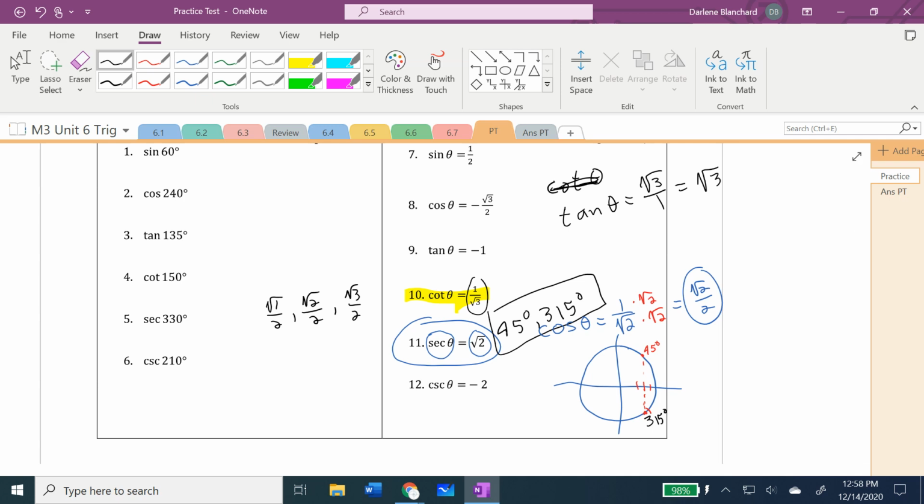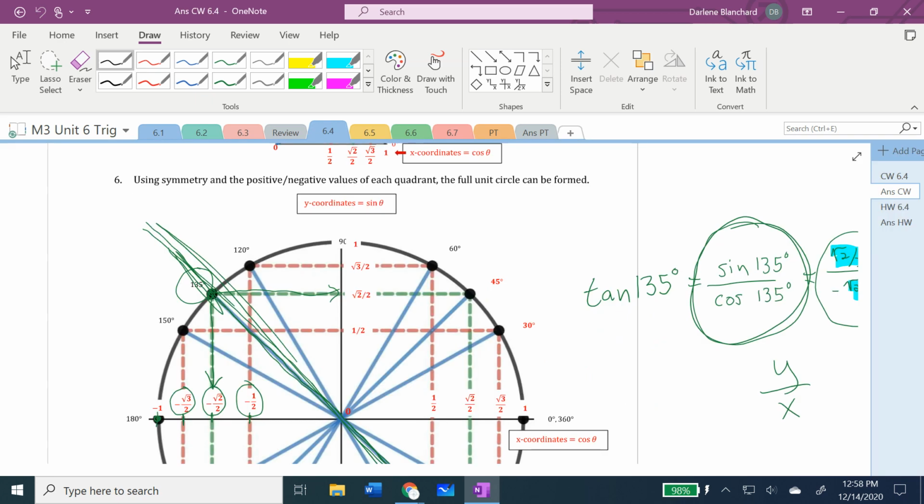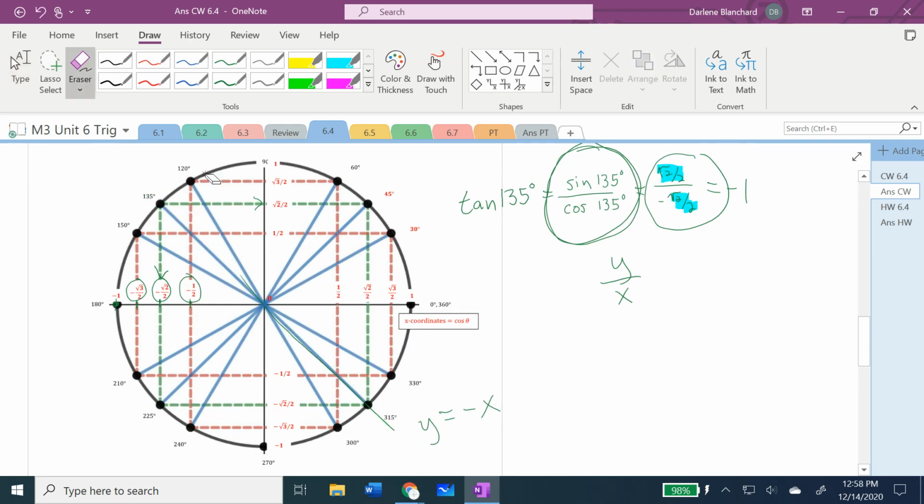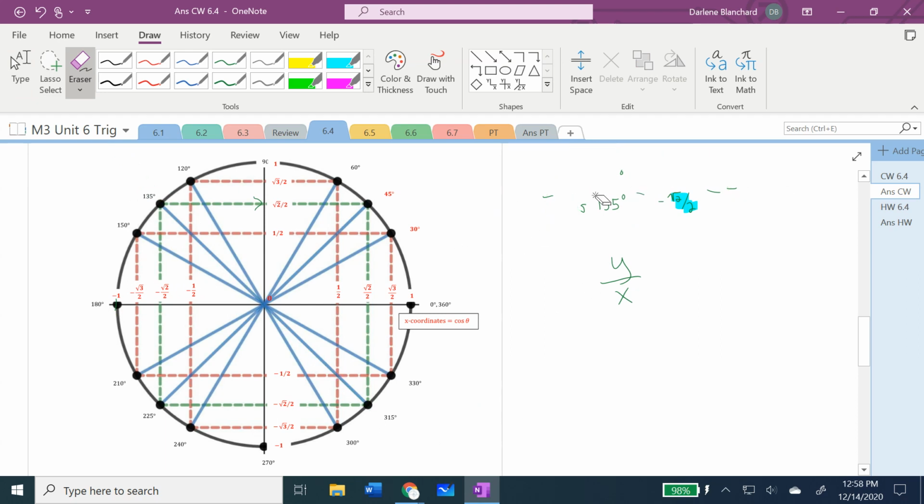And let me find one of my little unit circles. I'm going to erase. I personally prefer to look at tangent as slope. And right now we're looking at root 3. Root 3 is a positive slope.